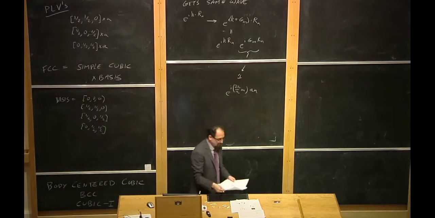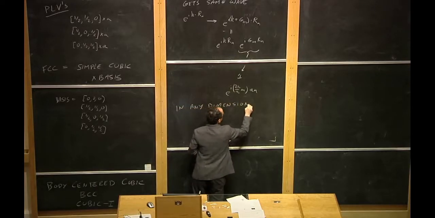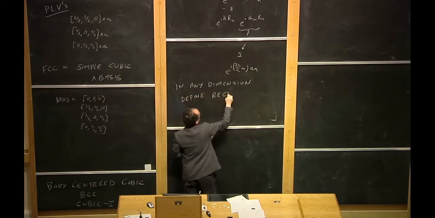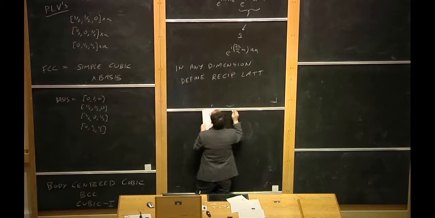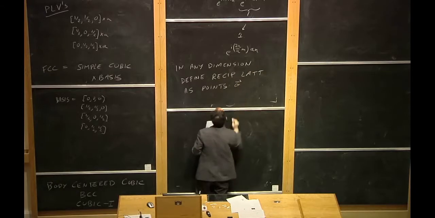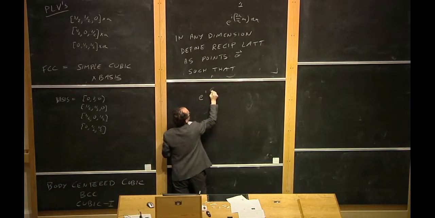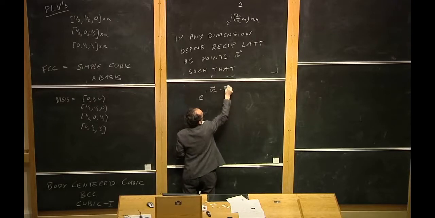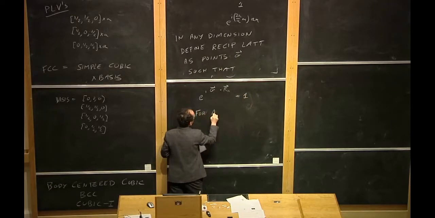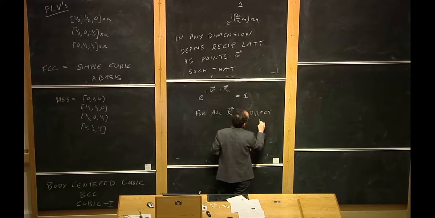So we're going to generalize that into more dimensions. In any dimension, we define the reciprocal lattice as the points g, vector, such that e to the i g dot r_n equals 1 for all r_n in the direct lattice.